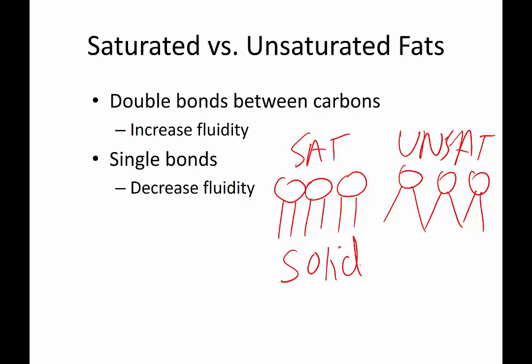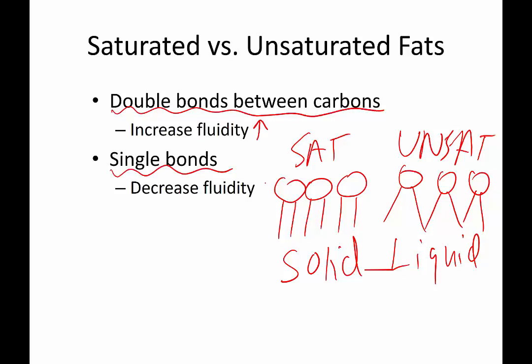An unsaturated phospholipid, as opposed to a saturated phospholipid, is going to be more liquid. So again, butter versus oil. Exactly what it says here. So double bonds between carbons increases membrane fluidity. Single bonds decrease fluidity.